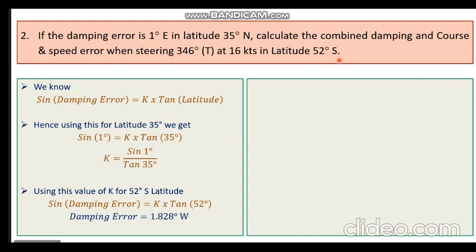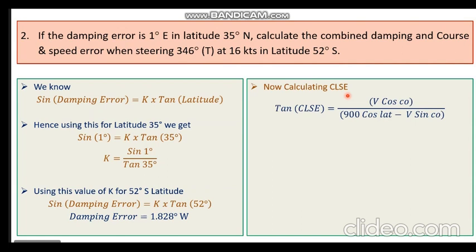Now in the second part, we obtain the CLSE, course latitude speed error or steaming error. The formula for CLSE is tangent of CLSE is equal to V cos course divided by 900 cos latitude plus minus V sine course.